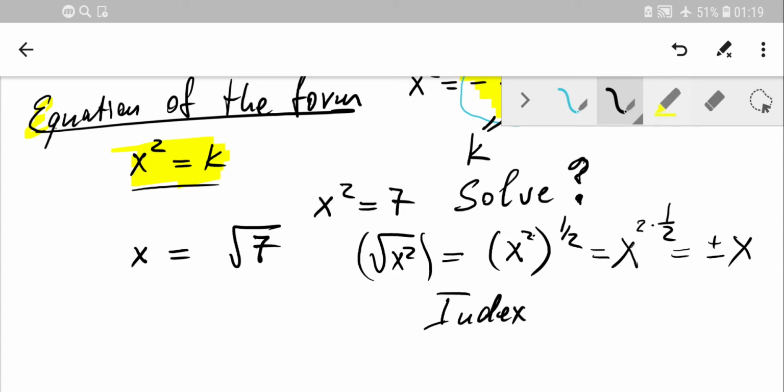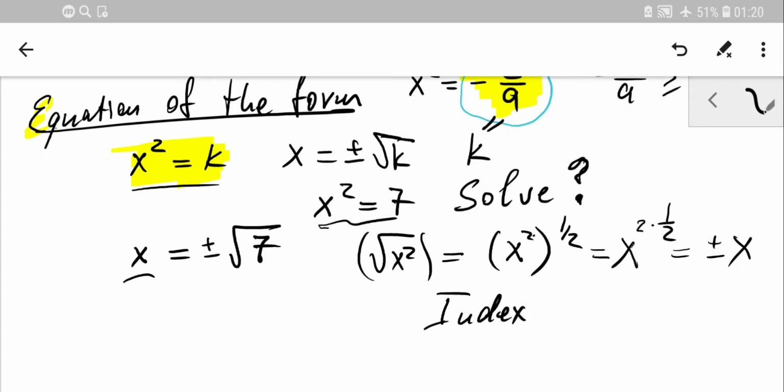And that's why x itself will be equal to positive and negative square root of 7, as in this example. So generally, you'll have plus or minus square root of k, because you might have two possible options.